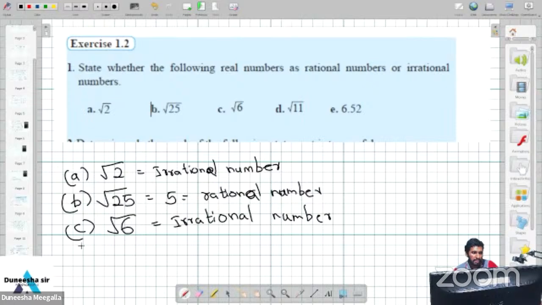So root 11 is an irrational number. It has no repeating part.